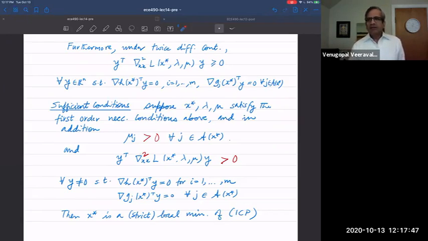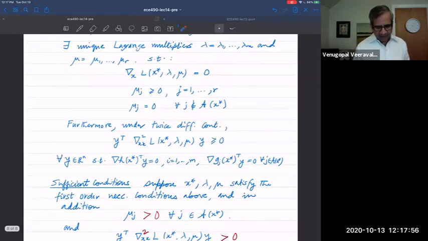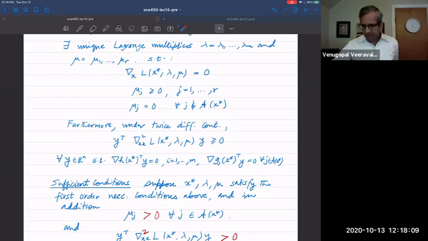Okay. Now, a lot of times you may be able to get around checking sufficiency conditions. For example, we saw in some of the examples we looked at that when you solve the first order necessary conditions, you end up with an X star that's unique. We saw that with the equality constraint problems, right? Several cases, including the example and the exam that you saw yesterday.